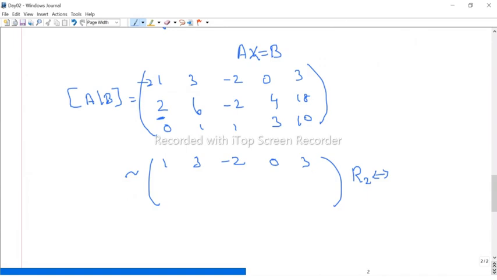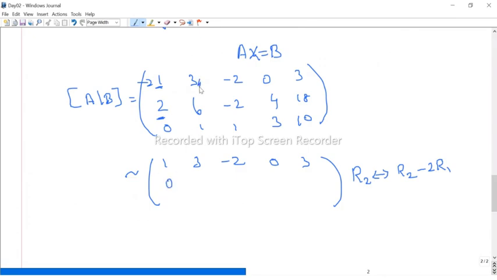So R2 becomes R2 minus 2 times R1. If you multiply the first row by 2 and then subtract: this position is 1, and 2 minus 2 is 0. Therefore, this position is 0. Now here we have a 3.